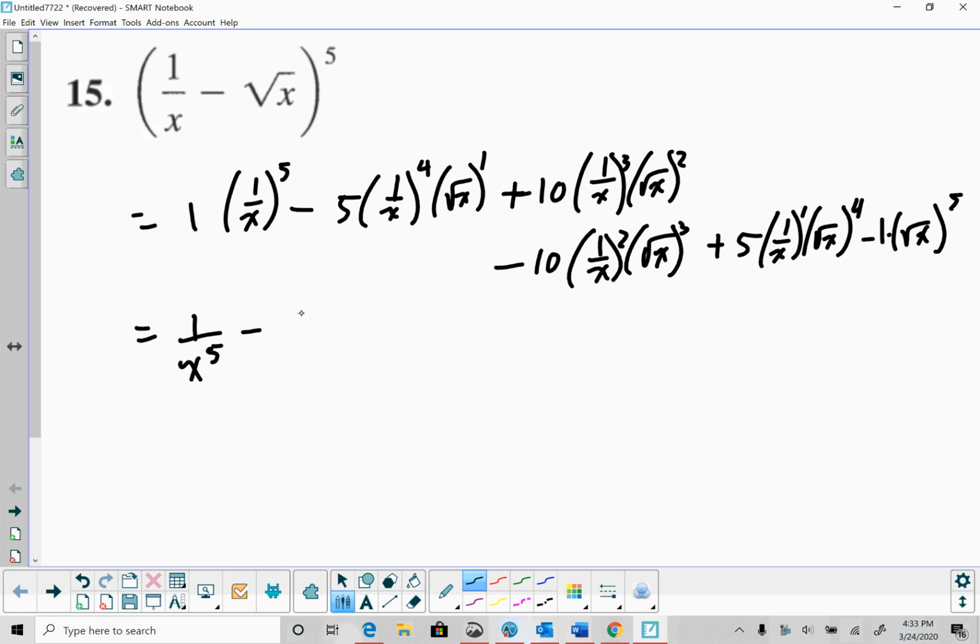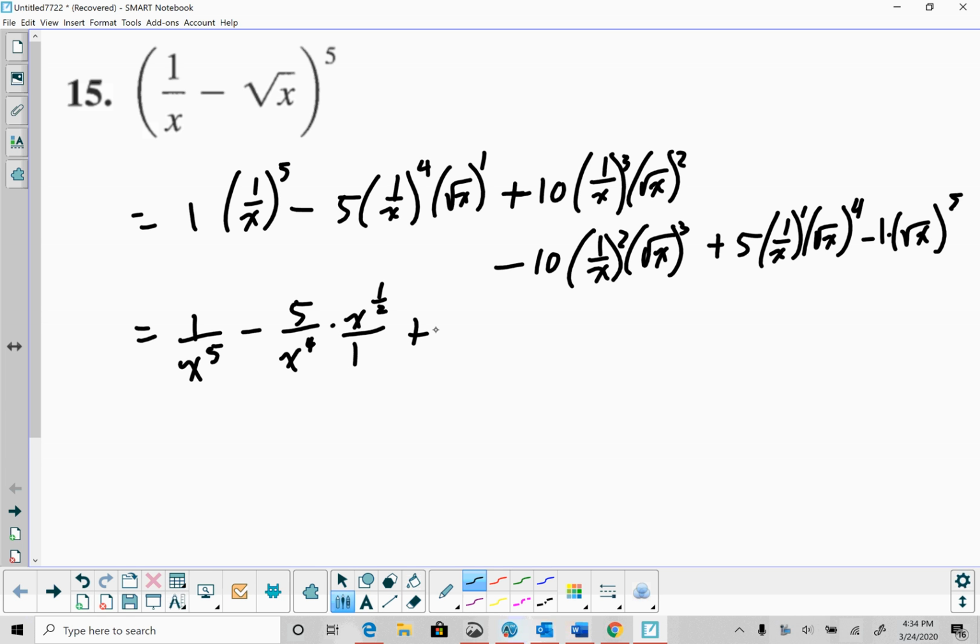Minus, we could put 5 over x to the fourth times, now x to the first means if we're going to try and combine that with this x to the fourth component here, we should write that also as an exponent. So anything taking the square root will be x to the 1/2 power.